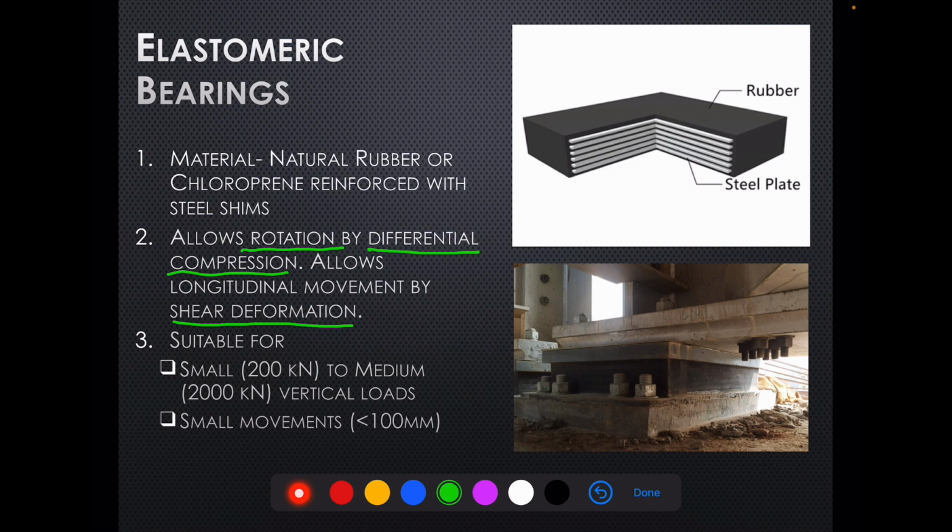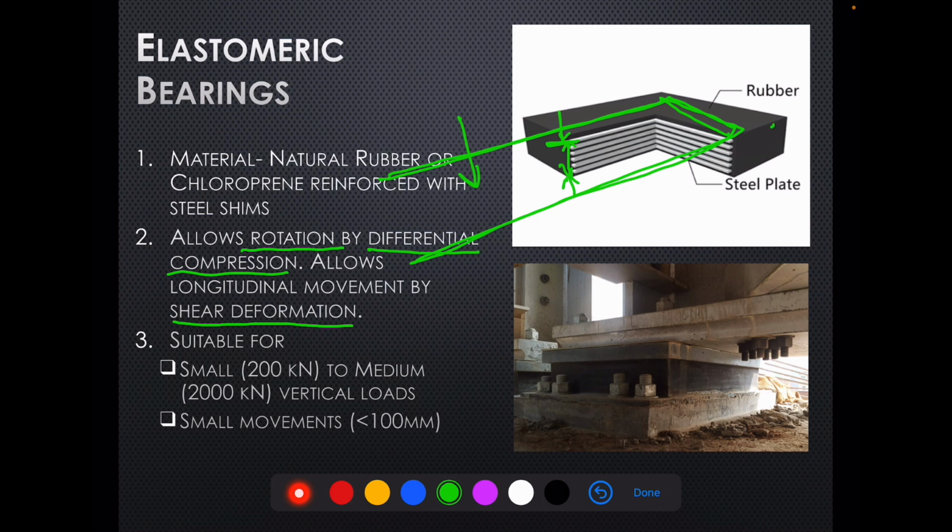So what happens if a girder is placed like this, with the girder bottom chord placed like this, and then the girder deflects. So this portion gets compressed, and its depth of the pad gets reduced.